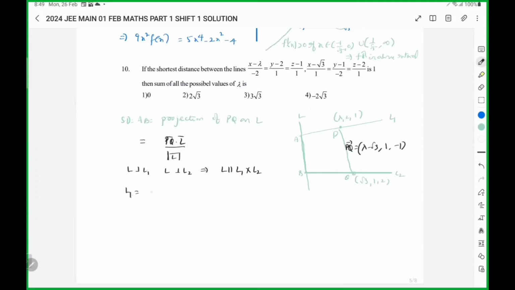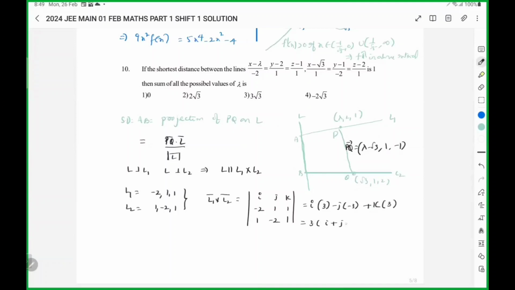So here DRs of L1, DRs of L2 is 3, minus 3, into minus 3. So which is 3 times i plus j plus k. So here the vector along AB will be i plus j plus k.